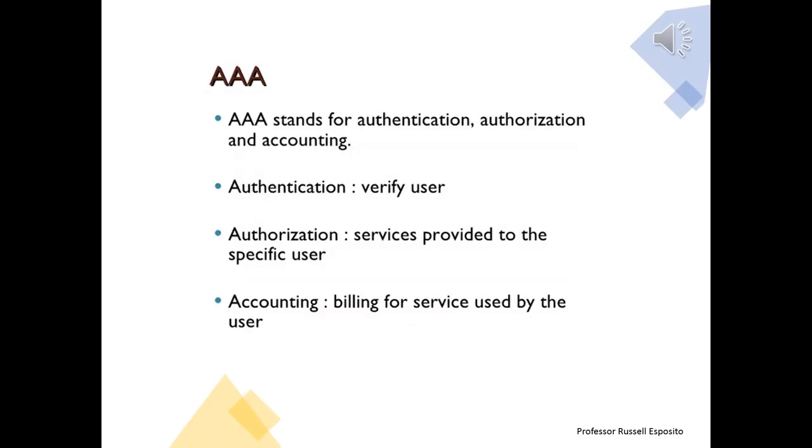Okay, so we already covered authentication and authorization, but they're part of an acronym, or AAA concept, that's used in the security world. The third A is accounting: keeping track of who's using the system, who has access to it, and what resources that person or that department is consuming on the system.